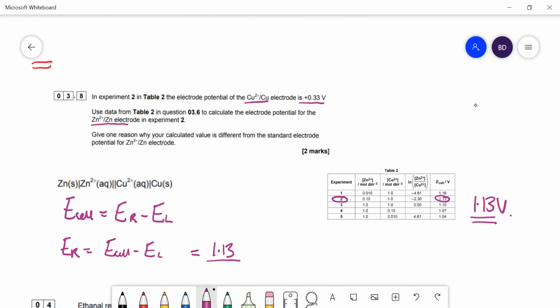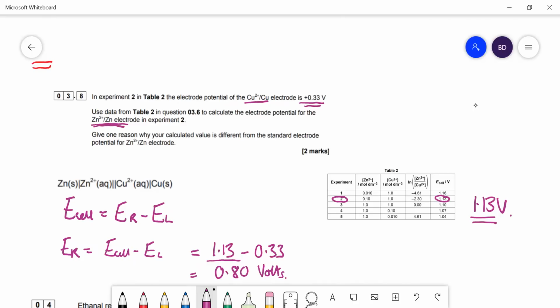And E left is plus 0.33 volts, so minus 0.33 volts. And that gives us a value of 0.80 volts. So that's the electrode potential of the zinc.